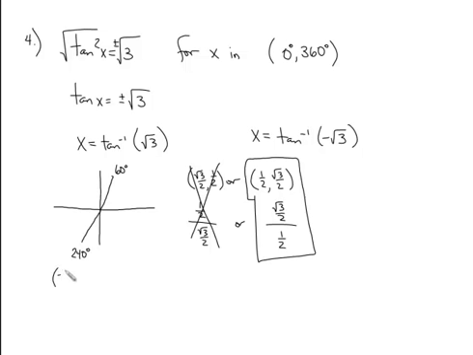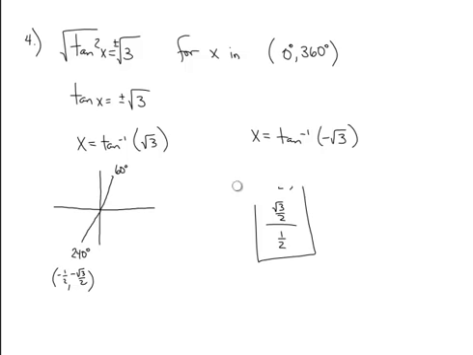Why? Because x is negative 1/2, y is negative square root of 3 over 2, and negative divided by negative gets us back to positive square root of 3. So it turns out that we get two different values, and that's typically the case. You're going to get two answers for each part of these things if you're going one time around the circle. So from this first piece, we get x is equal to 60 degrees and 240 degrees.